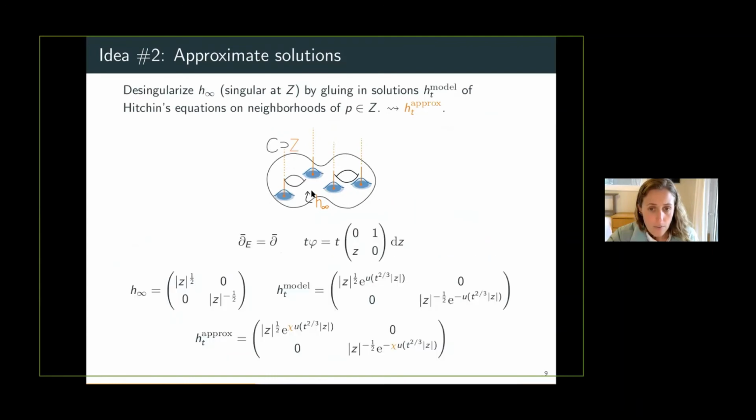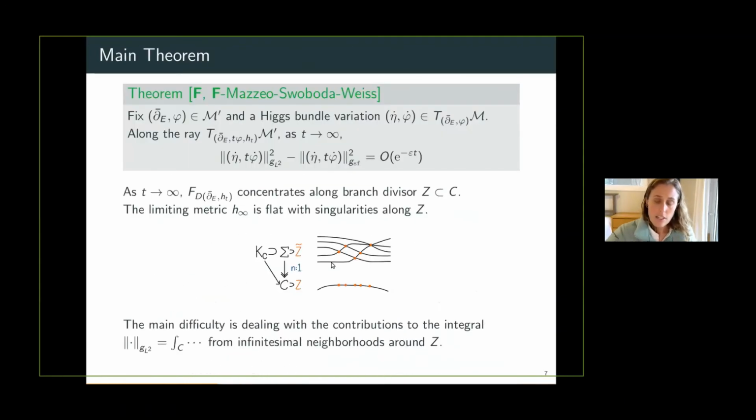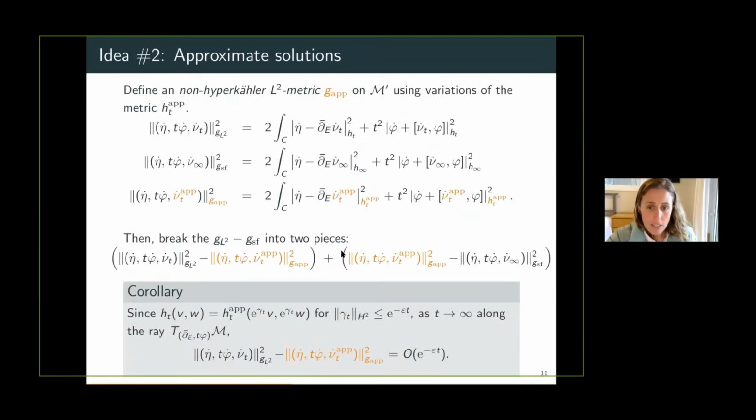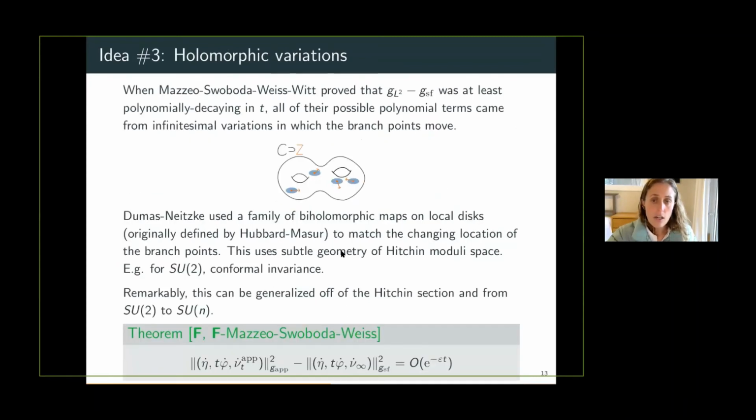So you could consider Higgs bundle variations. As you move your Higgs bundle, all the eigenvalues are going to move, and then these eigenvalue crossings could move. And this is precisely the worst situation.